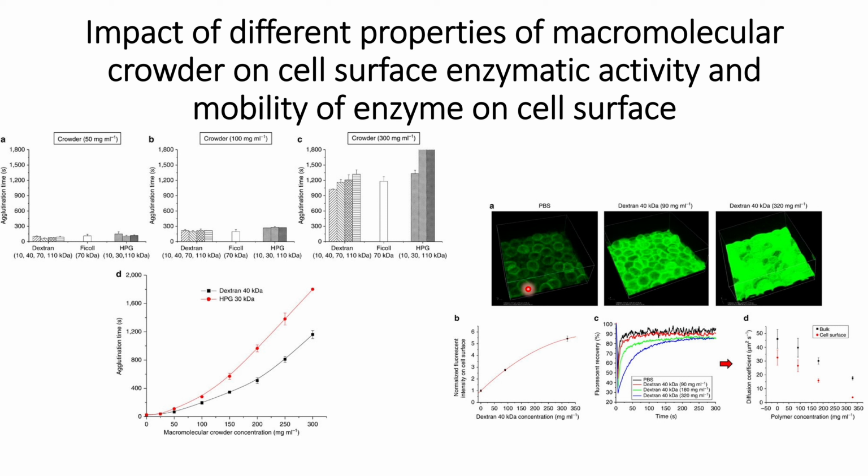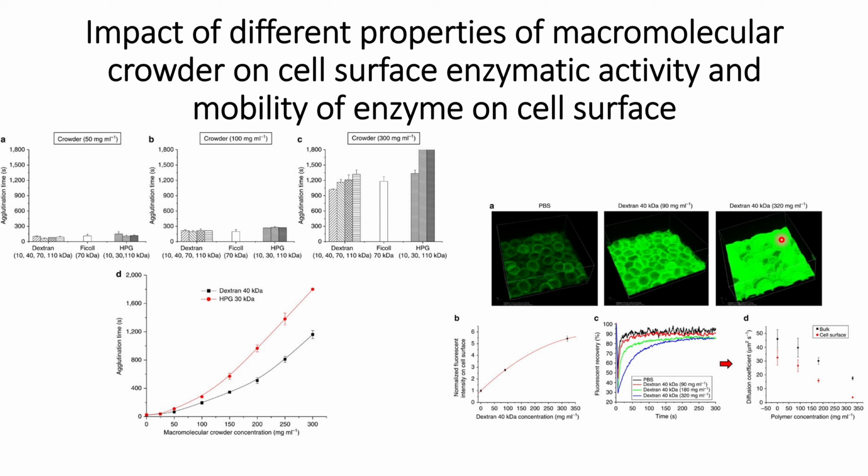Initially they check it for the 40 kilodaltons at 90 milligram per ml and 320 milligram per ml, and they can clearly see the increase in the fluorescence signals, indicating that with high concentrations of dextrans, enzymes are expressed on the cell surface.